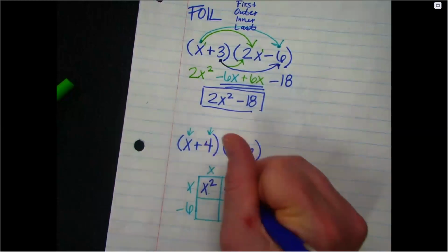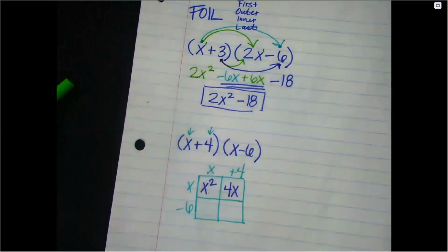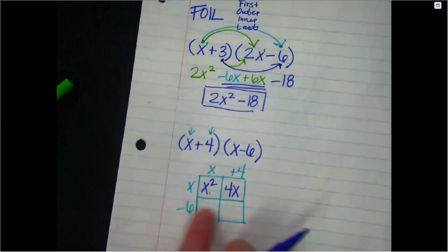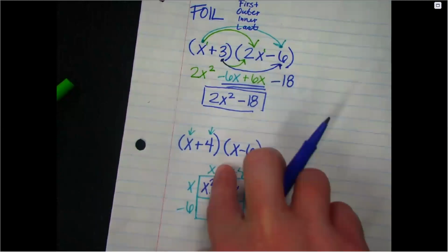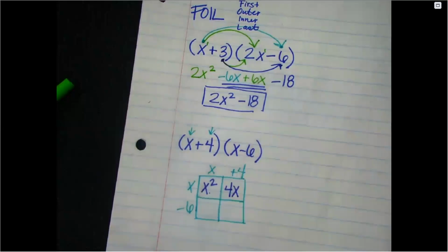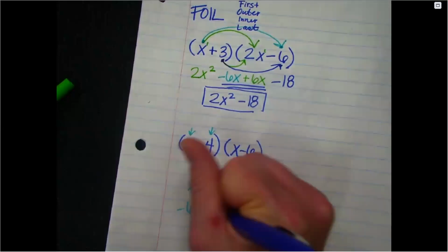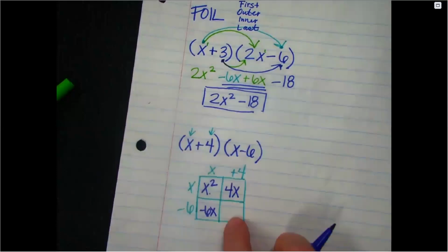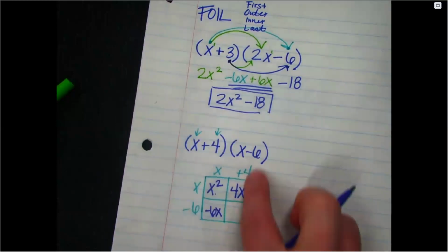Down here in this box, you've got the negative 6 on the side, all the way up to the light blue x. So what's x times negative 6? And then the last box, you've got the negative 6 and the positive 4. What's negative 6 times positive 4?